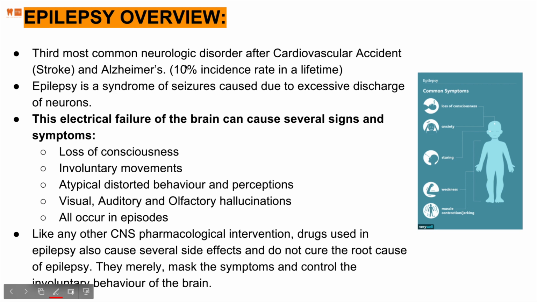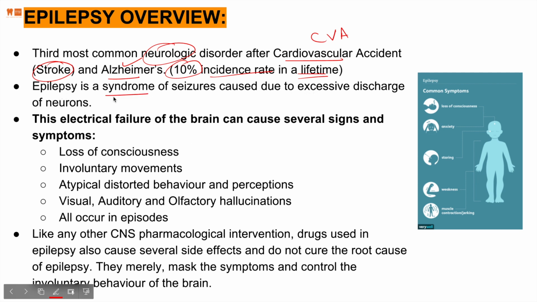It is the third most common neurologic disorder after CVA, which is cerebrovascular accident. In other words, it's known as stroke, and Alzheimer's. We've already talked about Alzheimer's, and stroke we'll talk about during our CVS series that follows afterwards. Epilepsy has a 10% incidence rate in lifetime, which means 10% of the population will go through epileptic attacks.